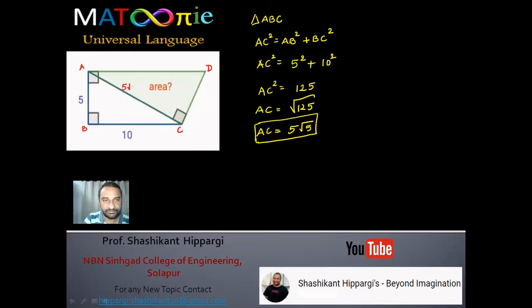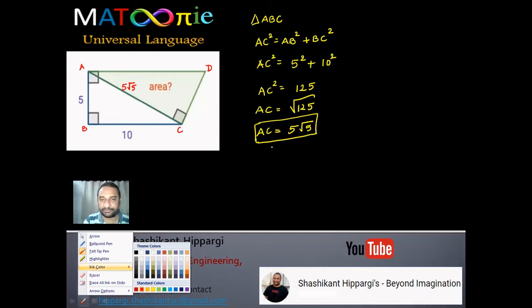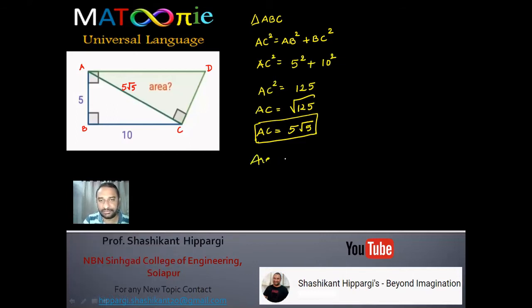We need to calculate the area of triangle ADC. So area of triangle ADC must be equal to half of base into height. If I take that triangle outside and show it like this, suppose this is 90 degrees, this is side C, this is D and this is A, then if this is considered as the base, then this will be the height of the triangle.